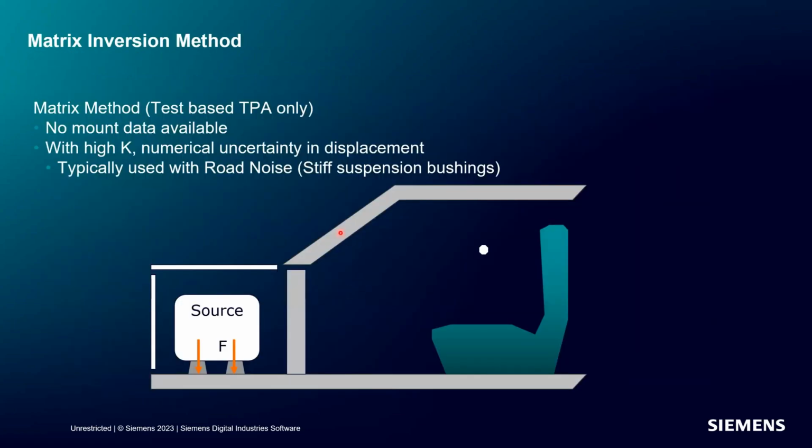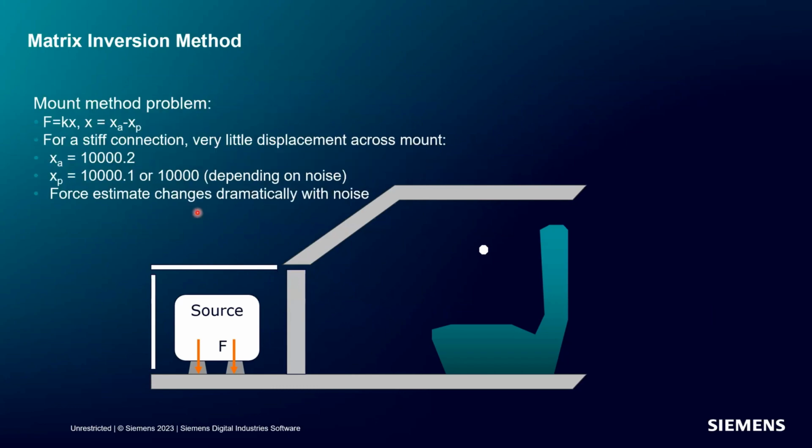Matrix inversion is another way of determining the forces. And this we typically use if the isolator, this mount, or the K term here, is not very soft. If it's very stiff, we'll use this matrix inversion. And maybe I can explain why we might do that.